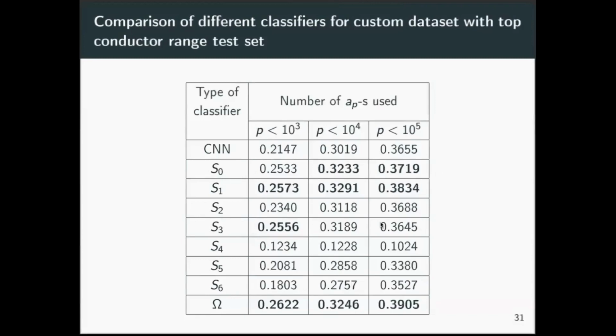This is especially visible in the top conductor range, where these numbers are much smaller, and here are some instances where the omega neural network outperforms the convolutional neural network.